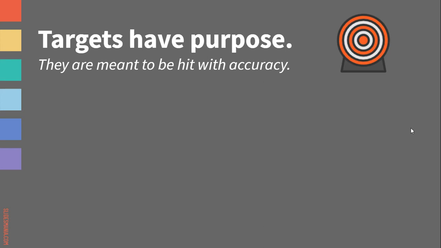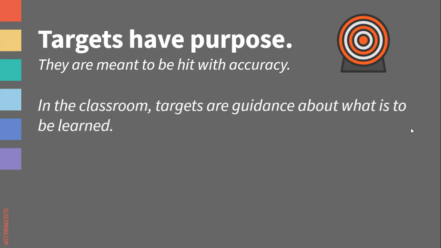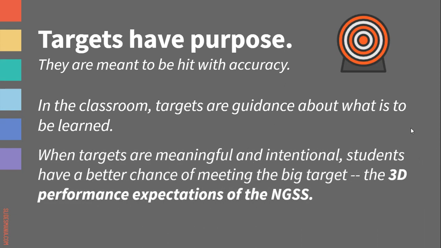If you hit the bullseye, you hit it right in the middle, you got it. If you're a little on the outside, you got a little more work to do as far as being a little more accurate. So in the classroom, targets are guidance about what is to be learned. And when targets are meaningful and intentional, students have a better chance of meeting the big target, which is the performance expectation of the NGSS.